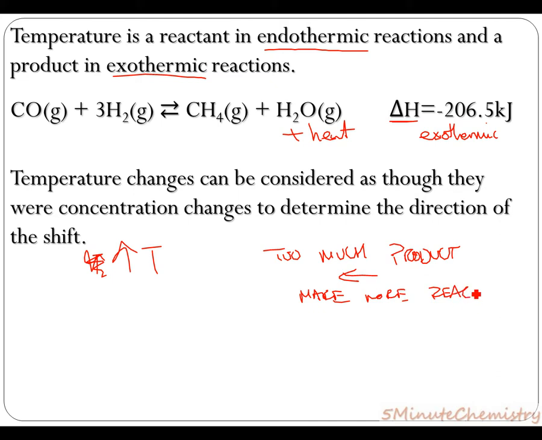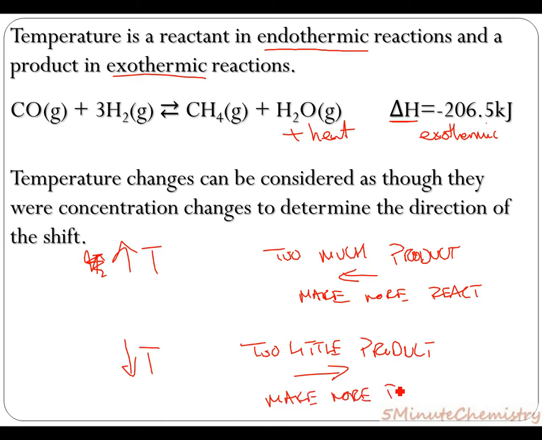Okay, so that would be the result of increasing temperature for this system. If I instead were to decrease temperature, now I'm taking away product. So the problem would be too little product. And if my issue is too little product, that's going to cause a right shift, and we're going to make more of the product. Okay?